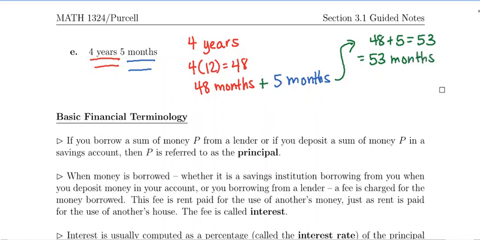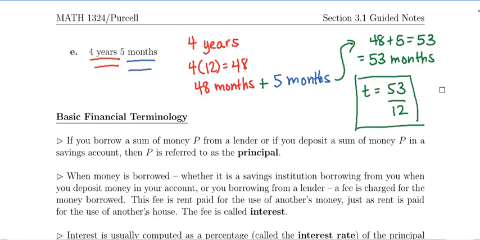You cannot enter t equals 53 because that would imply 53 years. You want 53 months, so you just need to account for that. Instead of 53, because it's months, it would be 53 over 12. So that's how you do this problem.